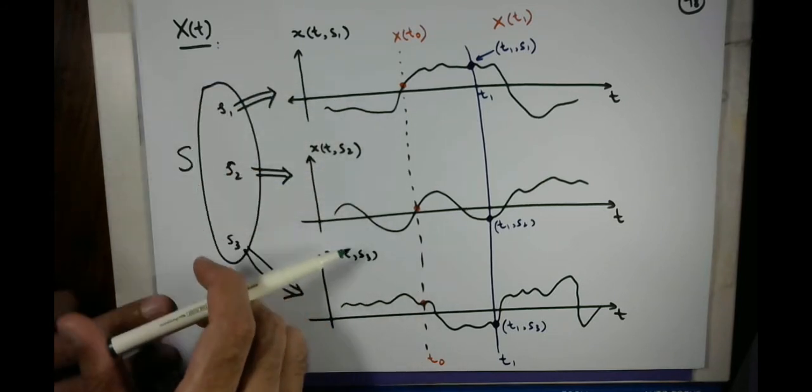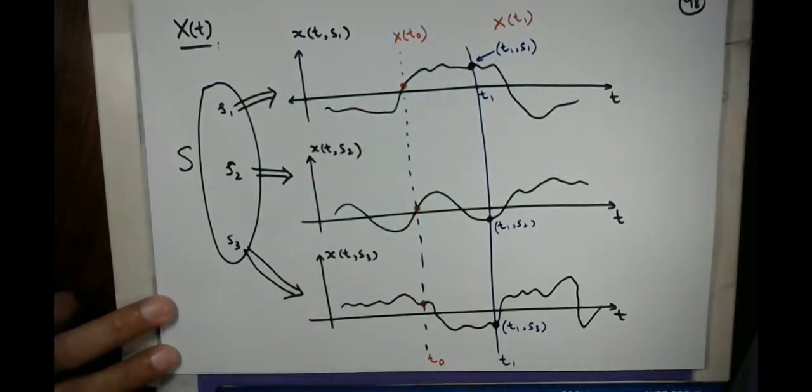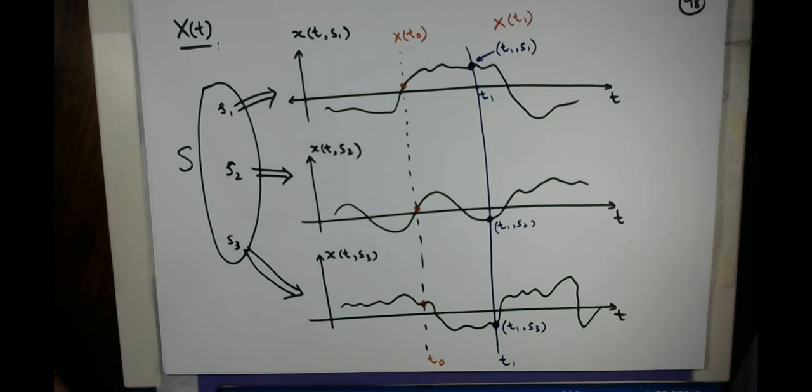You fix time at any other instant of time t, you may get a different average. And so you are not sure what average you will obtain, and hence we call ensemble average a random phenomenon. Ensemble average is a random variable.